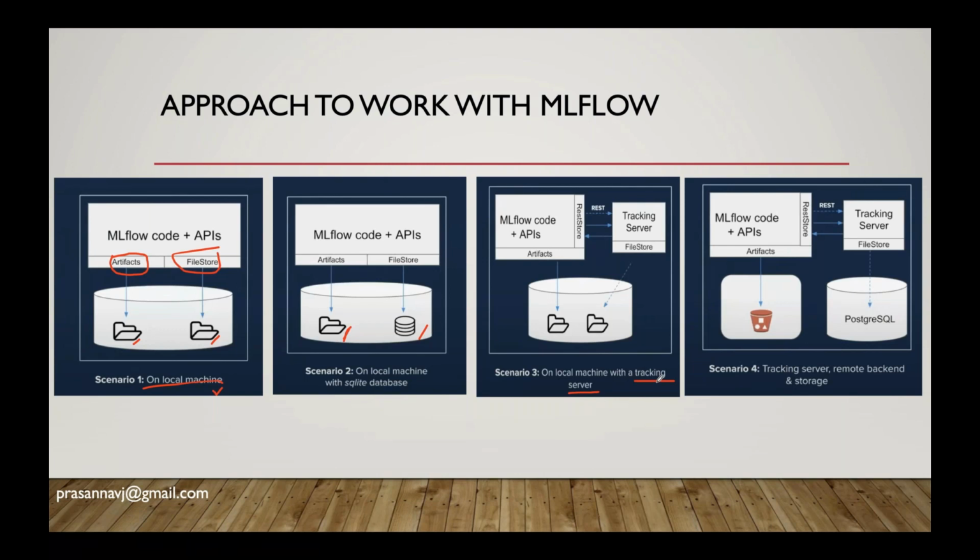Whatever activity you are doing has to be tracked by something. This tracking can happen on your local machine, or you can have an external tracking server set up, and this tracking server can keep tracking whatever operations you are doing on your local machine. There could be a lot of reasons why you need a tracking server.